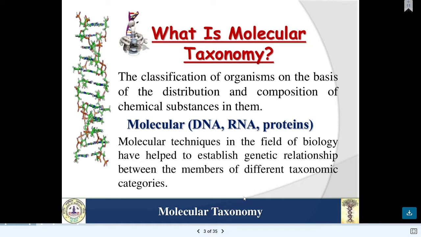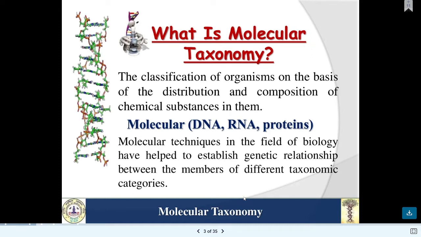DNA is the blueprint of life; each and every piece of information is stored in the DNA material, and it is transcribed into RNA and then ultimately translated into protein. This process is called the central dogma of life. So whatever proteins are present in the organism ultimately have to come from the DNA material.